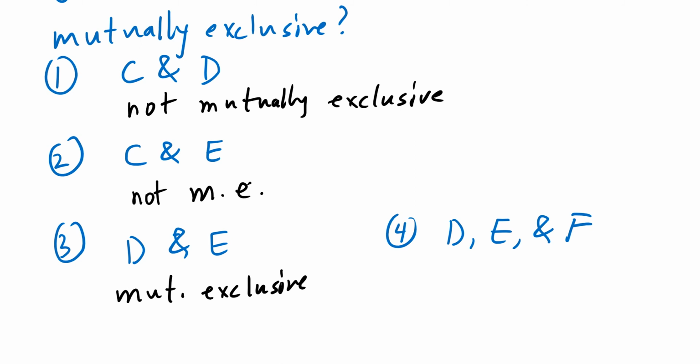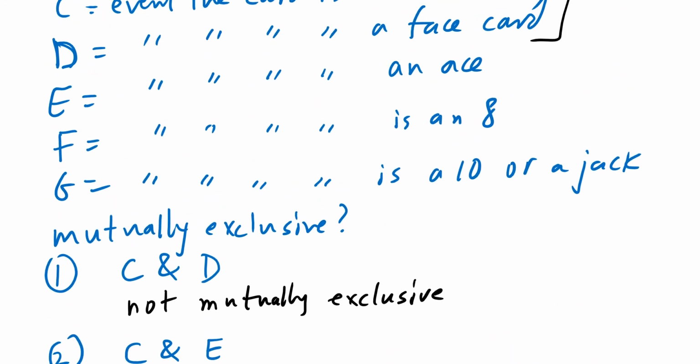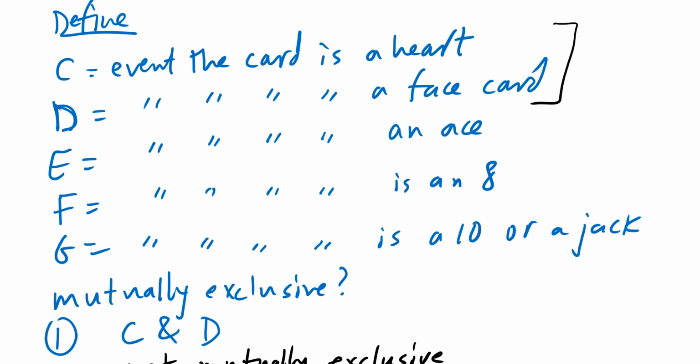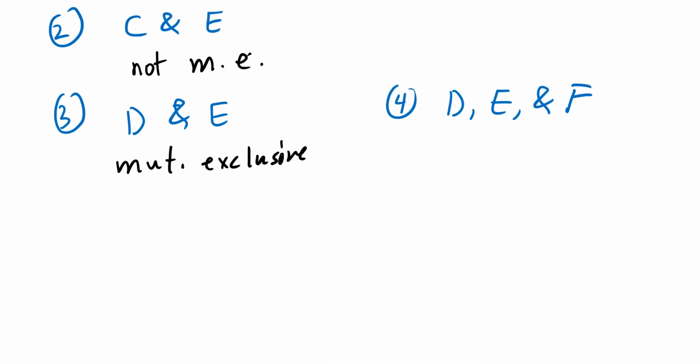The face cards are only the 12 cards on the right side of the deck of cards in the picture I showed you. Can it be D, E, and F at the same time? Let's check. A face card, an ace, and an 8? No way, that's impossible. So they are mutually exclusive events.